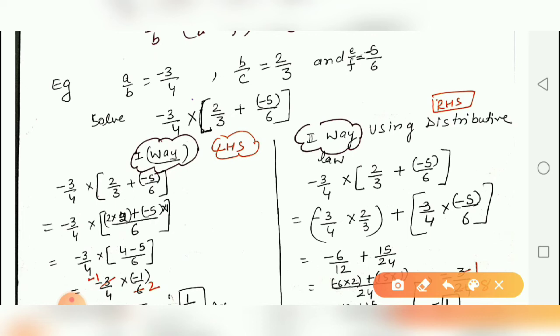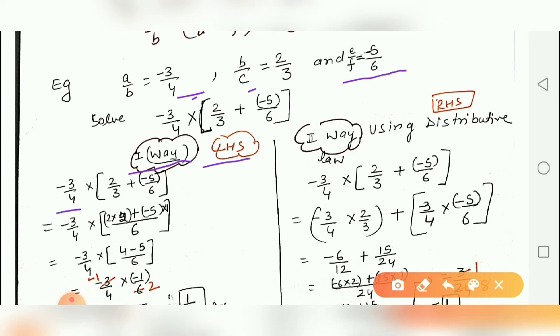Now let us take an example. Here a upon b is -3 by 4, c upon d is 2 by 3, and e upon f is -5 upon 6. So we will solve this question by the distributive law and in a simple way. Both ways we will solve it and see whether the answers are the same or not. Now on the left hand side, this is the first way we are solving.